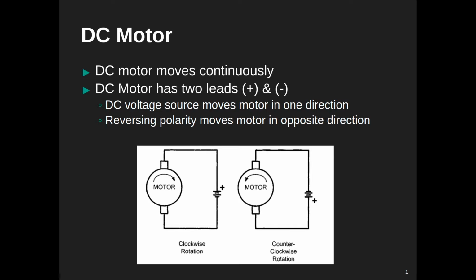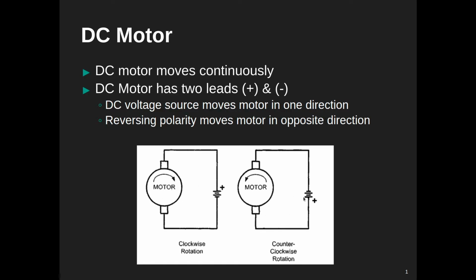So, how does a DC motor work? Usually we have DC motors in robots to control their movement, and those motors are attached to wheels or tires. They have two wires. If you connect the positive terminal of a battery to one terminal of the motor and negative to the other terminal, the motor starts rotating in one direction.